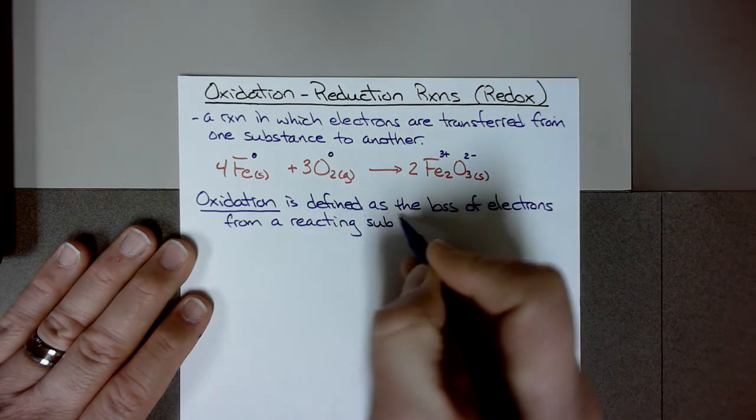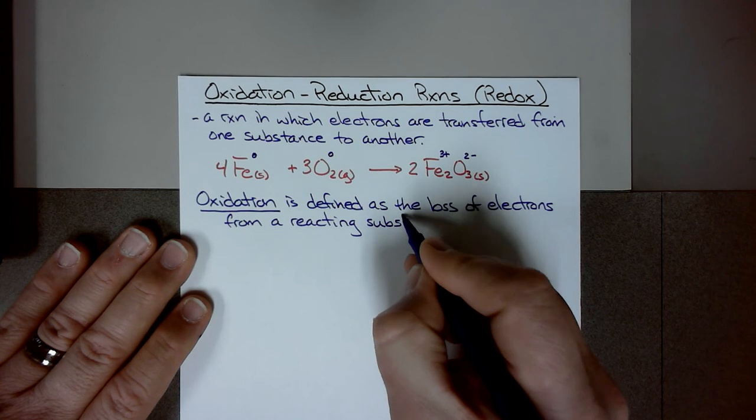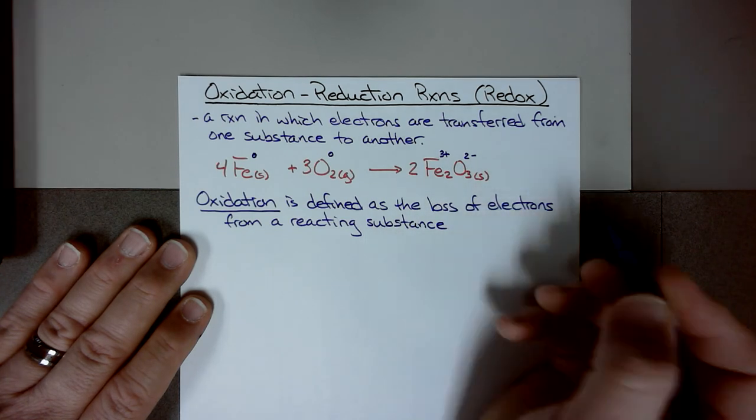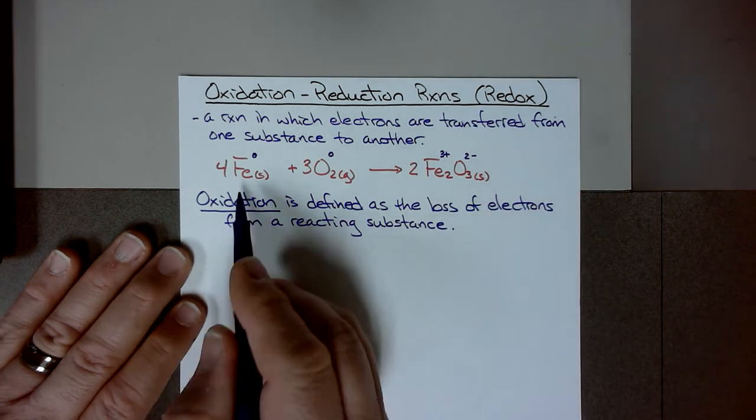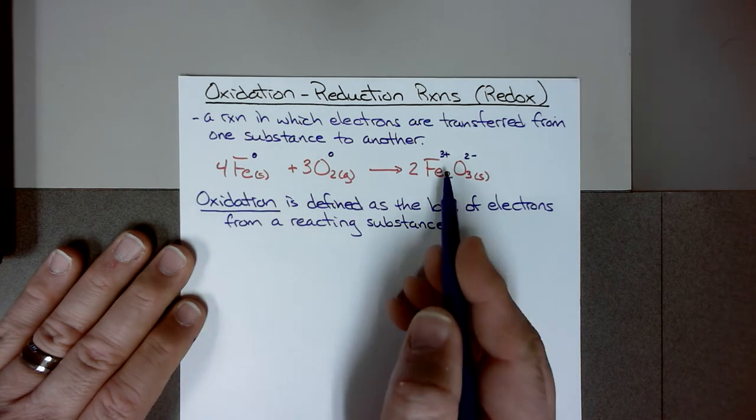Now remember, substance can be an element or a compound. In this case we're looking at elements, and so iron is going through oxidation.